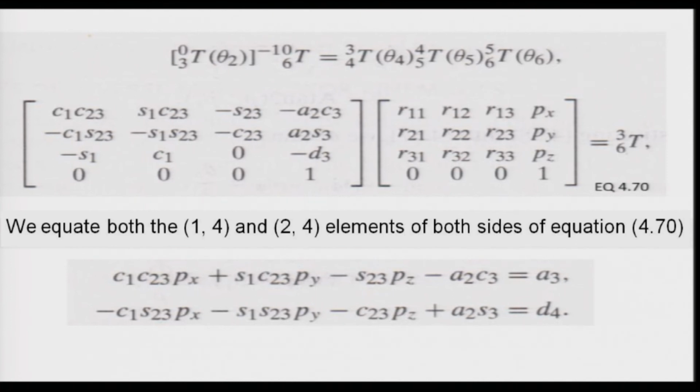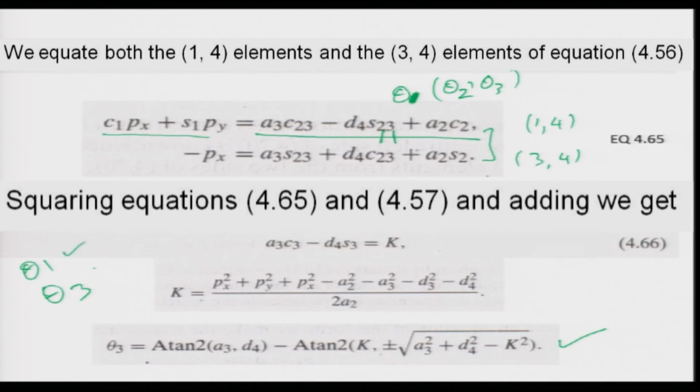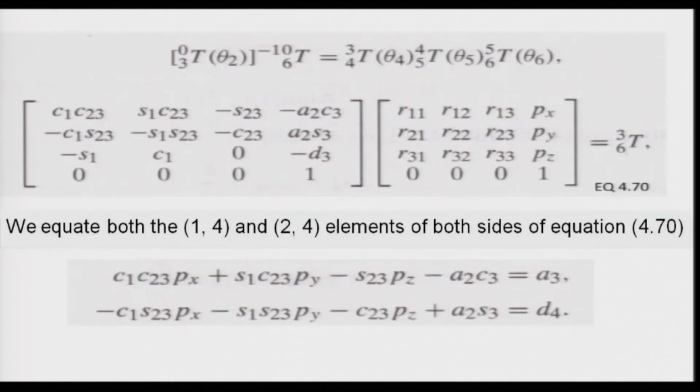Okay. Now, next from here we can get theta 1, theta 3 and theta 2 from this set of equations. Next what we do is we equate the 1 4 elements and the 2 4 elements from the 2 sides of this equation. What we essentially do is we multiply by the inverse of 0 to 3.